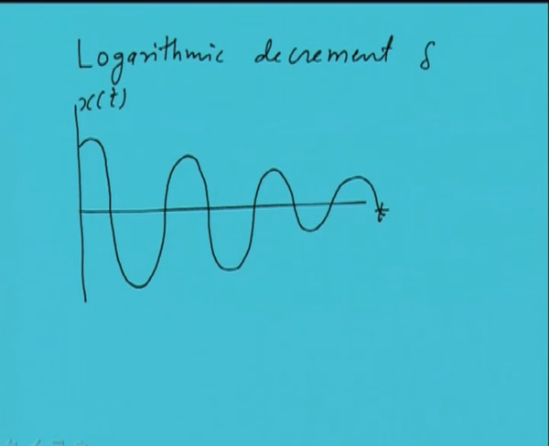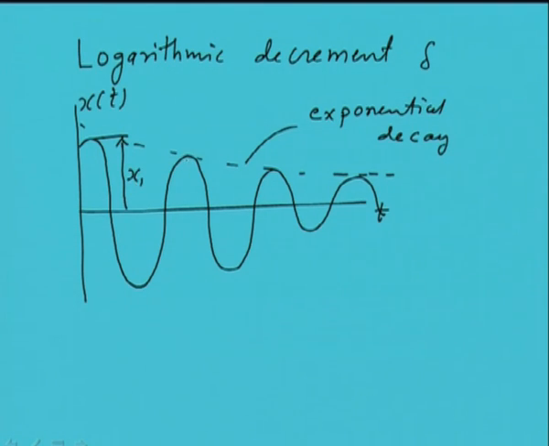We have already seen that for viscous damping this was an exponential decay. And if we talk about the amplitude, let us say x1 at one location, and after one cycle it becomes x2.